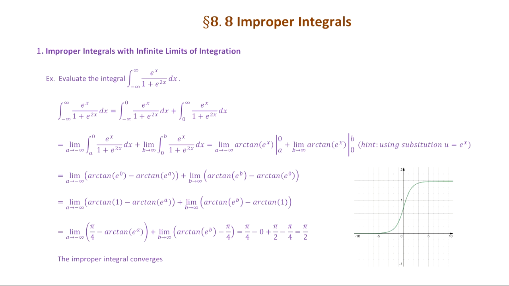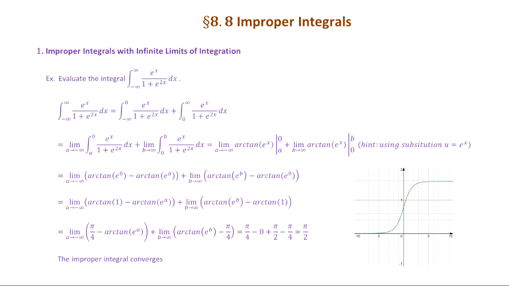That is the angle which results in 1 for the tangent function. Okay, that's pi over 4, 45 degrees. So you plug in arctangent 1 as pi over 4 in both terms. Okay, and then you need to take the limit of arctangent e to the a with a approaching negative infinity, and arctangent e to the b with b approaching infinity.